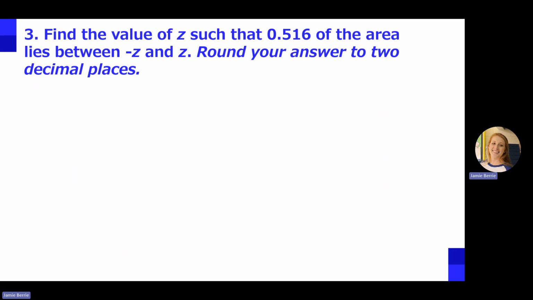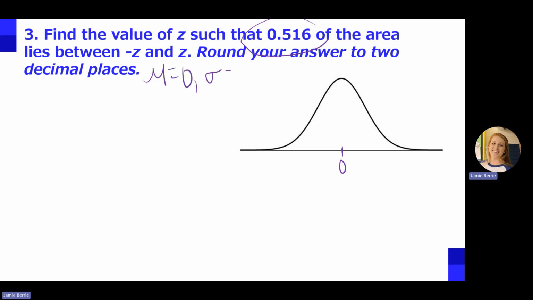Next, we have an in-between problem. It says find the value of z such that 0.516 of the area lies between negative z and z. So there's our area, 0.516, that's a little over 50%. So we're putting the mean 0 in the middle. We know our mean is 0, our standard deviation is 1.